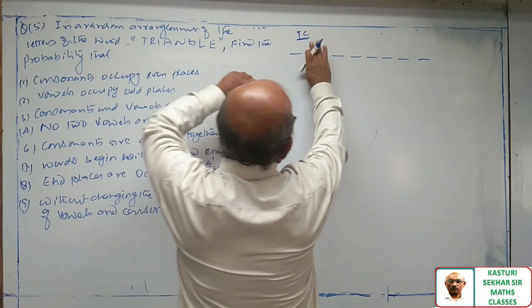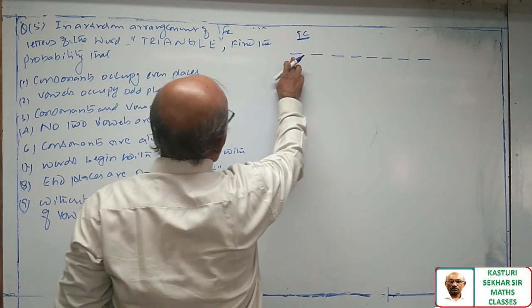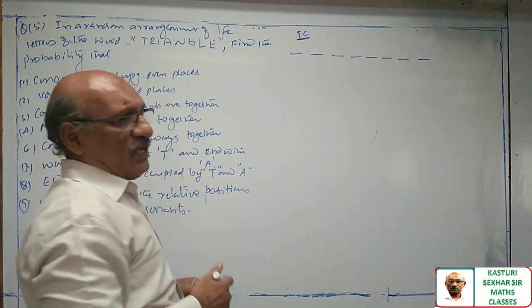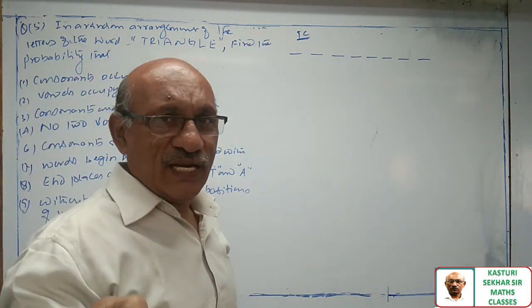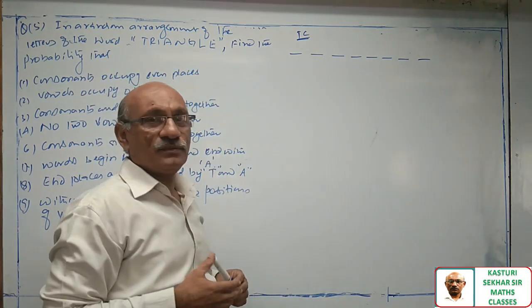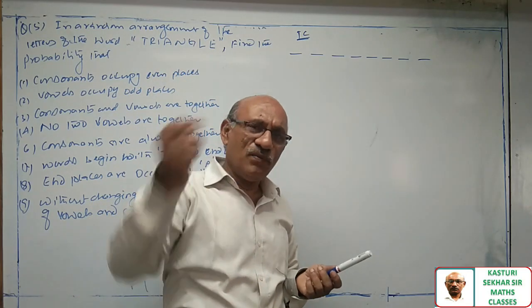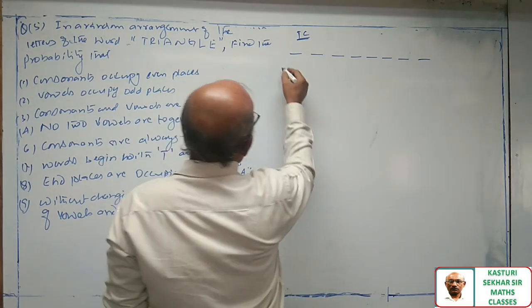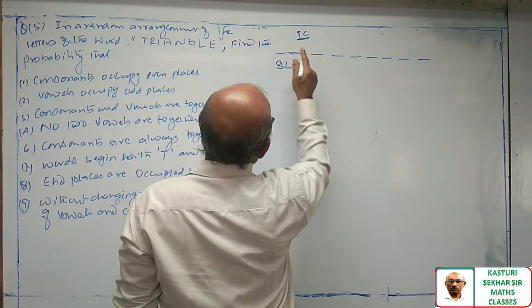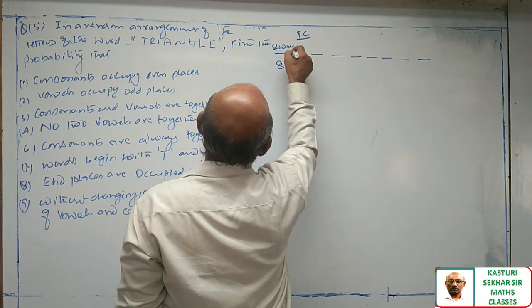Now let us see. Forget about all others. Concentrate on the extreme left place. In how many ways I can fill up this particular place with the letters of the given word triangle? Since triangle is having 8 letters, I can put any letter here. This place can be filled in 8 ways.